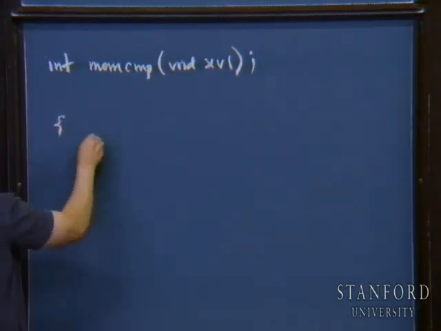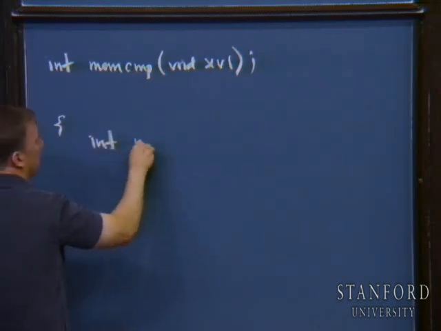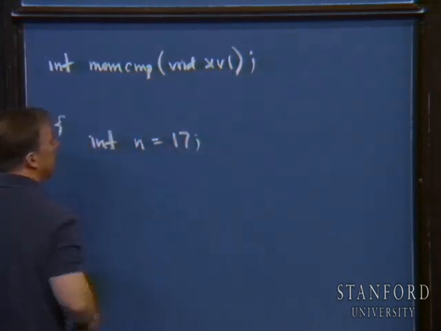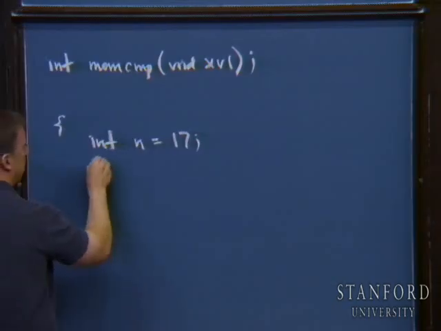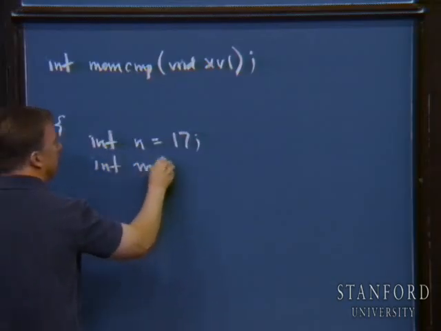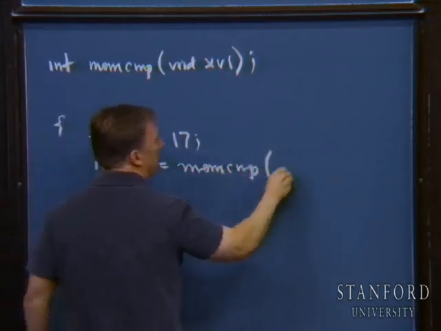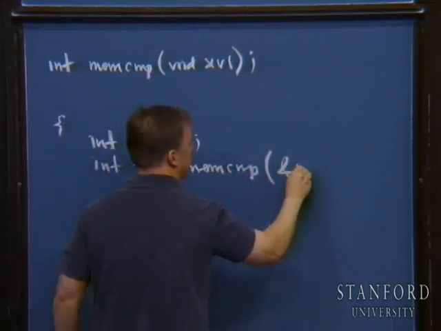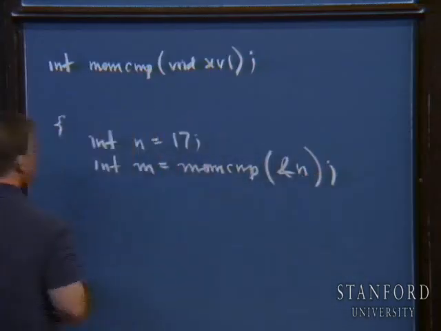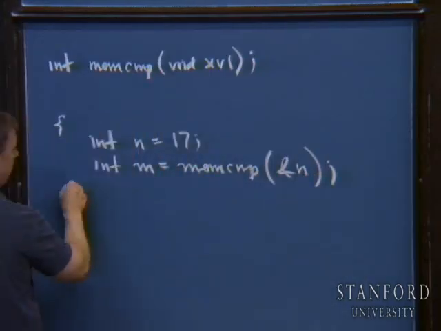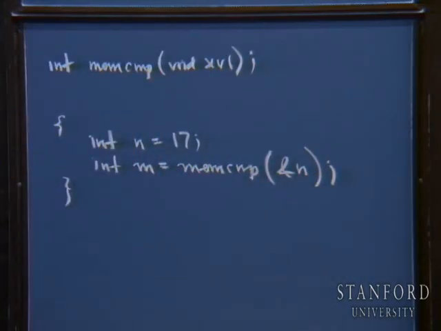And then I have some block of code that declares an int called n equal to 17, and I do int m = memCompare(&n). And that's it. That's all I care about. Okay, it's not a very interesting block of code. I just want to see what happens if we call a function with only one argument that really expects three.